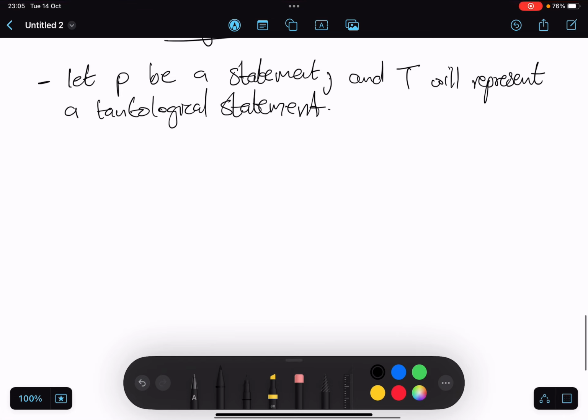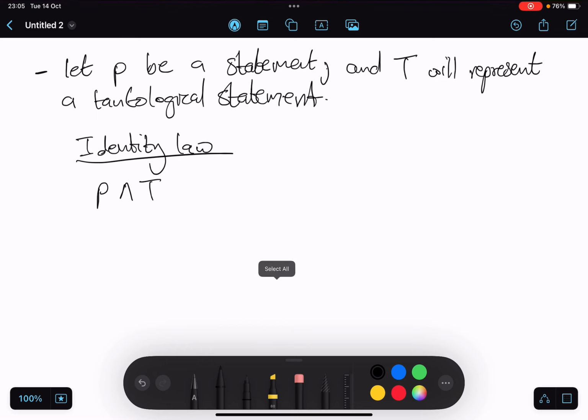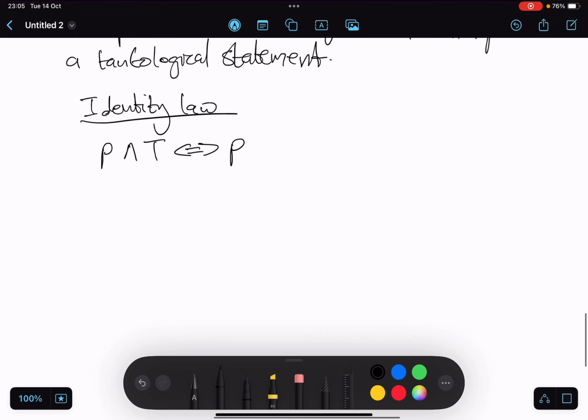Okay, so the first law we are going to look at is the identity law, which states that a statement and a true logical statement is logically equivalent to the statement itself.